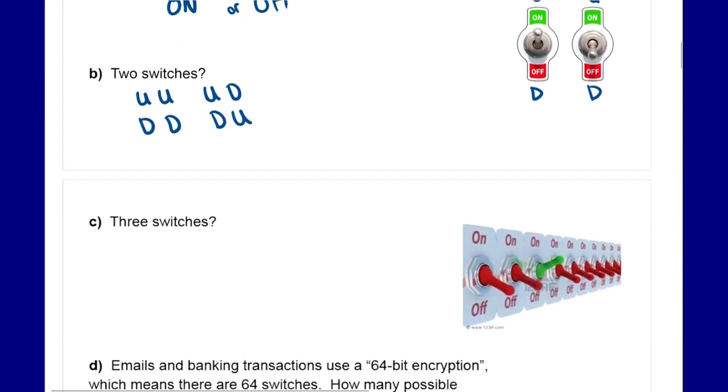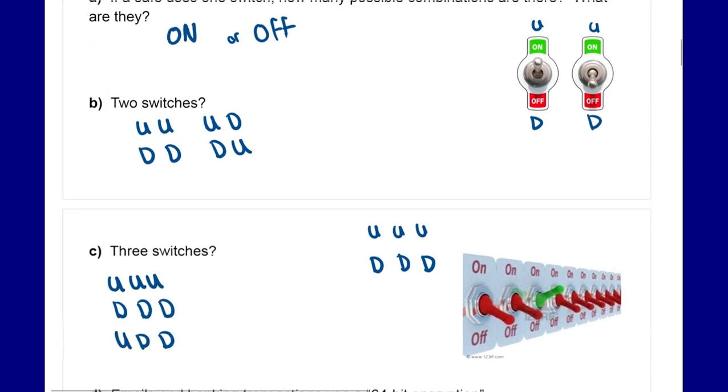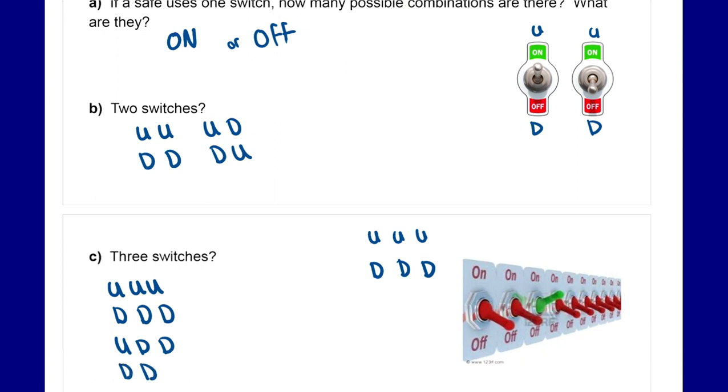Now, what if I had three switches? I had an up, a down, an up, a down, an up, and a down, or on and off. How many different combinations could I have? Well, I could have up, up, up; down, down, down; up, down, down; down, down, up; down, up, down; and I think there's one more.